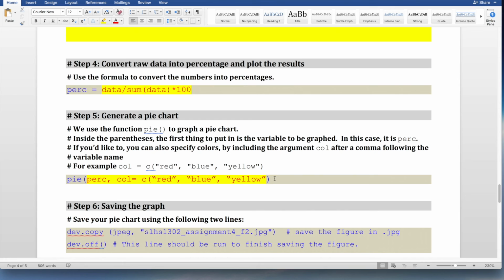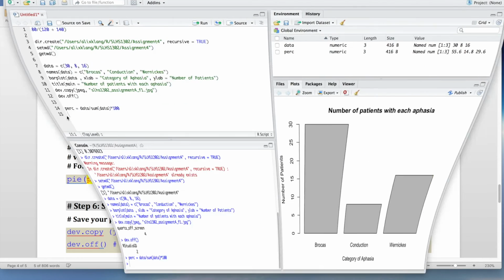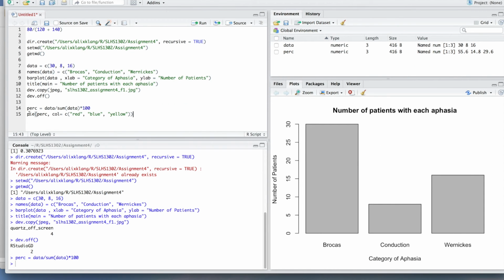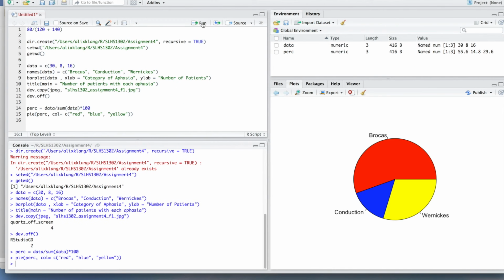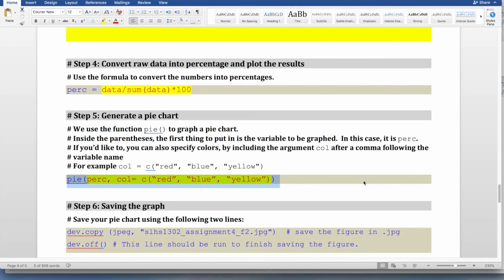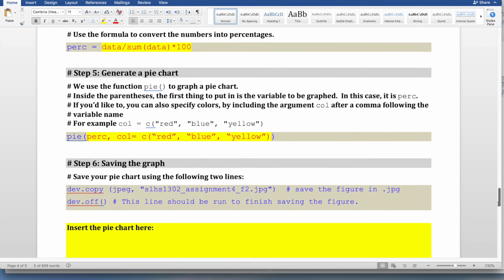And so then you can copy this code line and paste it into R, and then run that, and we will get the pie chart over here. So we see, as I said, that we're having the red color for Broca's, blue for conduction, and yellow for Wernicke's.